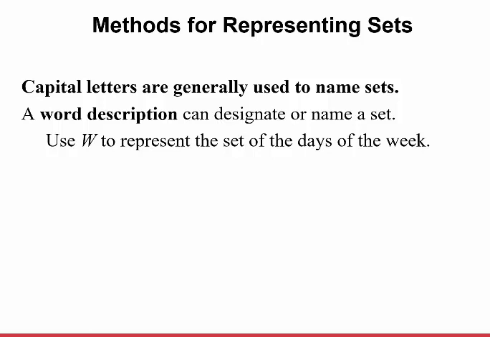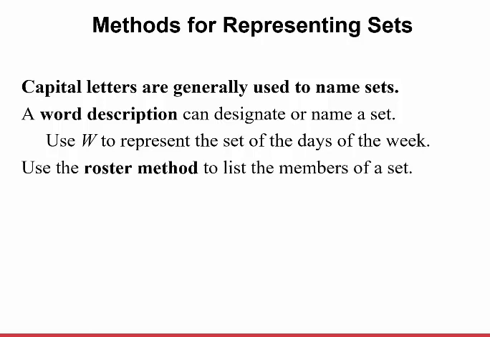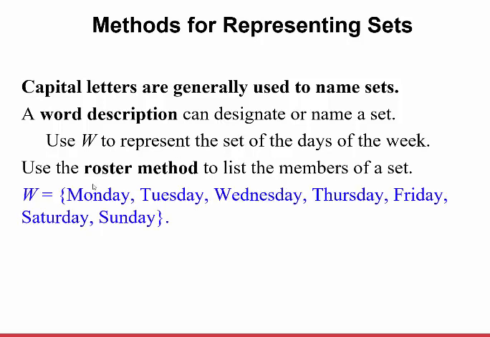Like Monday, Tuesday, etc. We use the roster method to list the members of a set. This is how we're going to define it. The set W is equal to, and then we get these special braces. These braces indicate that it's a set. Then we list all the days of the week.